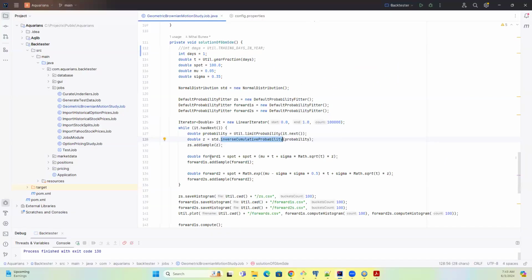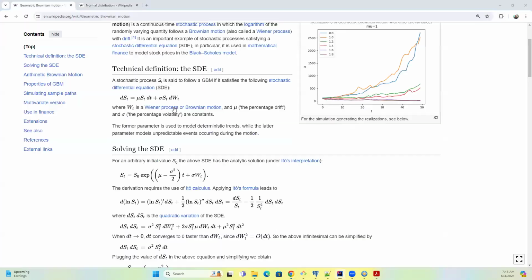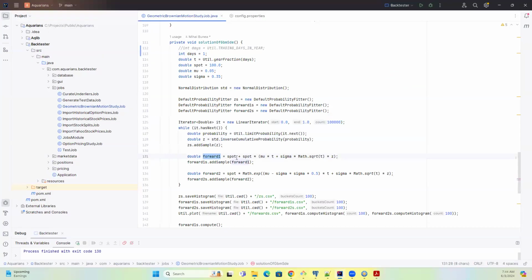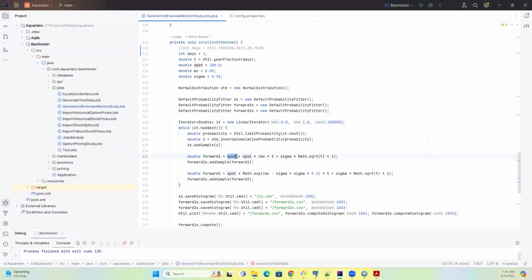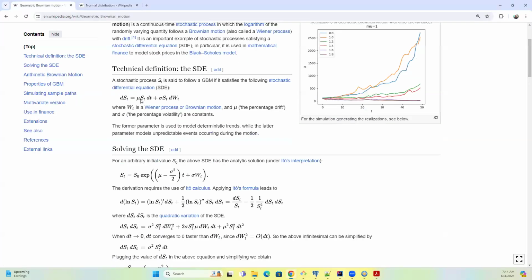So we have the random variable, and we're going to use both formulas. Formula 1 is the differential equation formula: the spot at some time in the future equals the current spot plus the current spot multiplied by this thing.